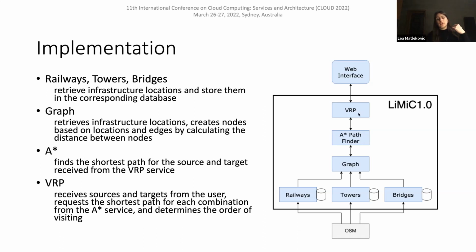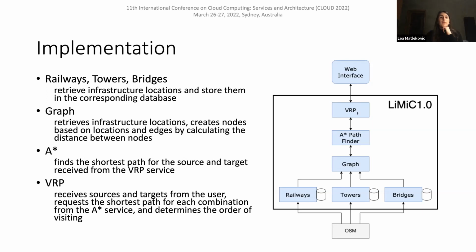Then VRP will look at the distance matrix created from these shortest paths and determine the near optimal order of visiting, deciding which drone would be best to inspect which power tower.